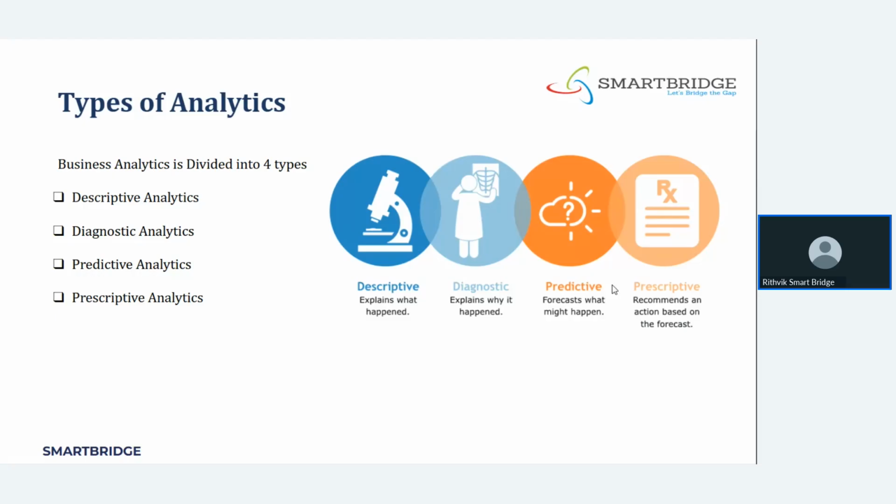Then predictive. We are predicting what might happen in the future. As we have discussed, in predictive models we are going to predict and forecast what is going to happen in the future. Let's say if we continue the quiz daily, we can increase this 50% to 70%. 70% are going to get 10 points.